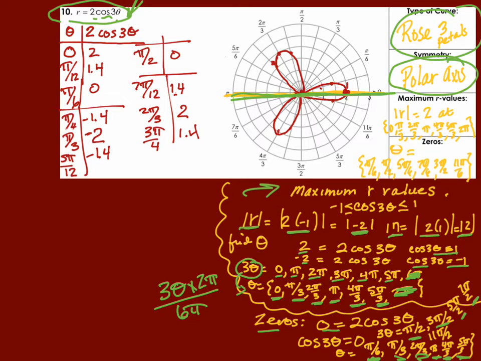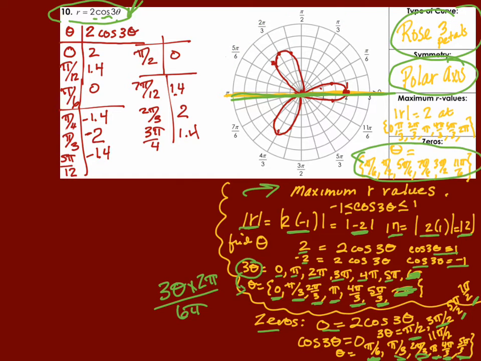So you have quite a few zeros too. Again, those probably repeat. Now the symmetry is the polar axis, so I only have to do these points on this side. So I'm going to work from 0 to pi.